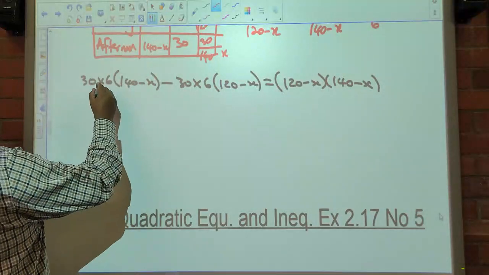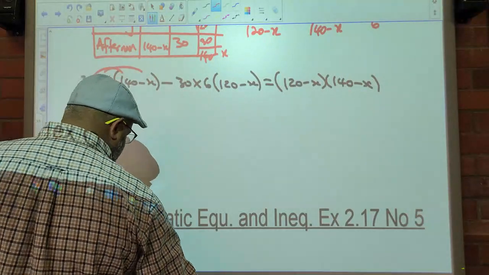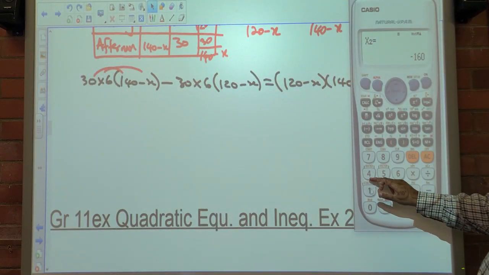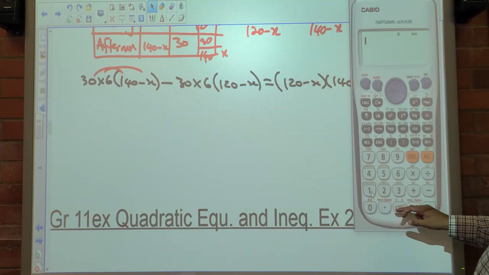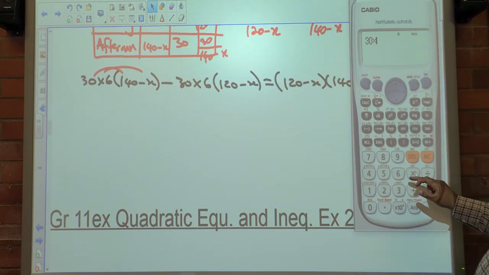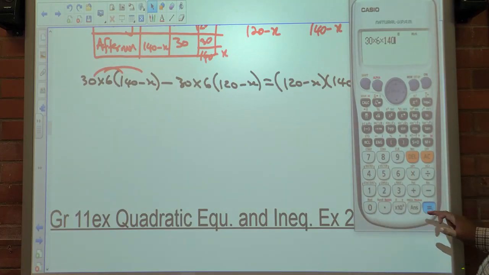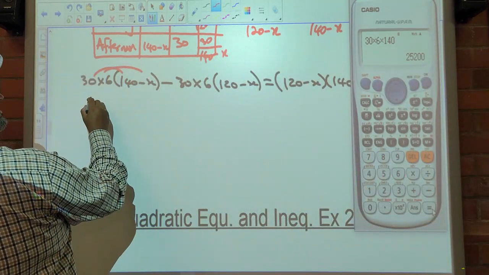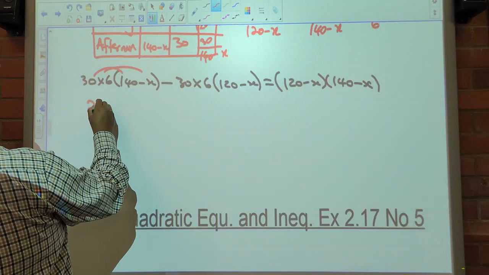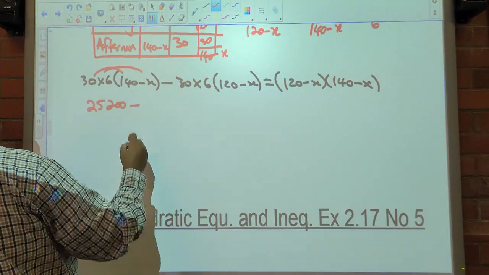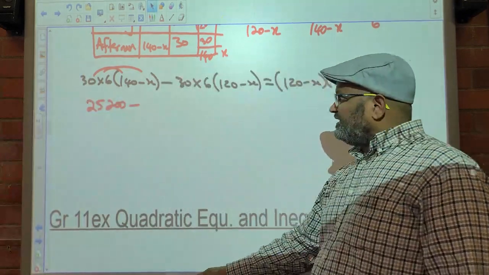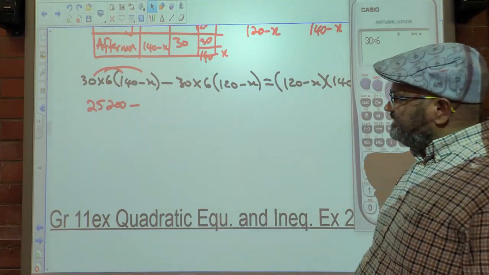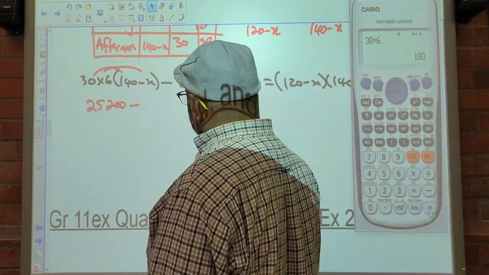We get rid of the brackets. We got 30 multiplied by 6 multiplied by 140, which gives us 25,200, minus, that is without the 140, 180x. Is that correct?